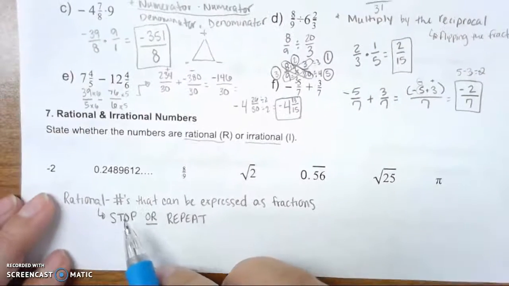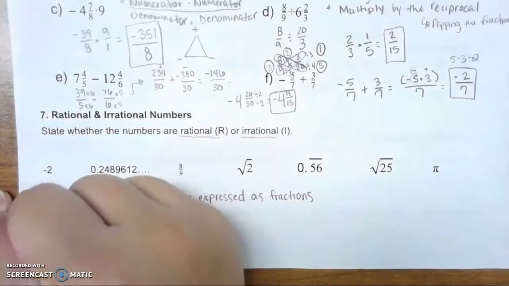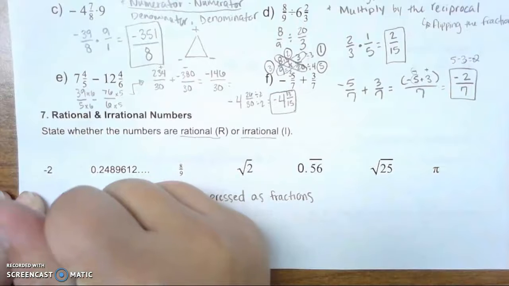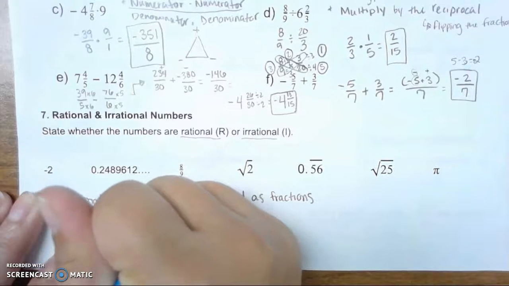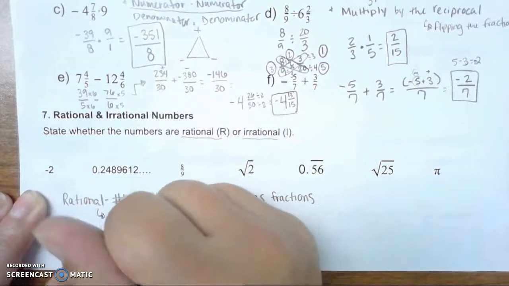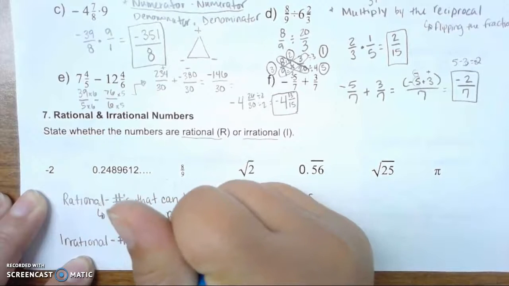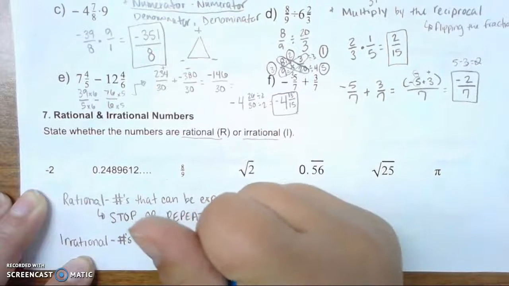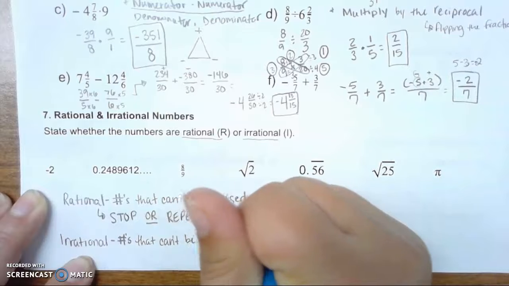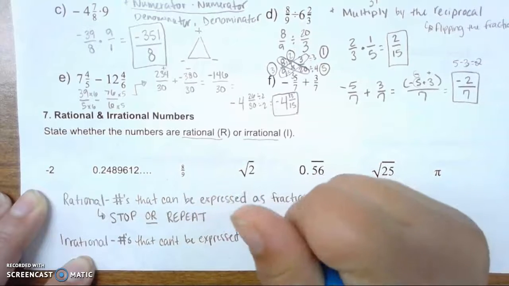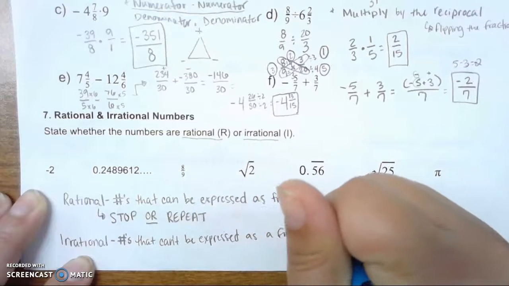If you're not rational, then you are irrational. So irrational is being the opposite of rational. So numbers that can't be expressed as a fraction.